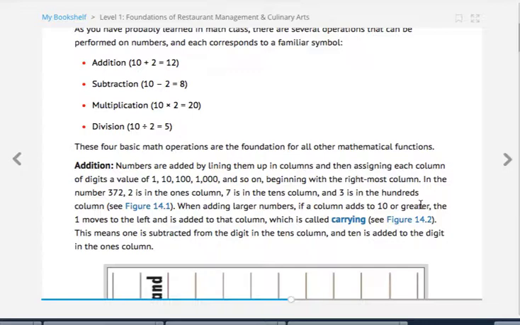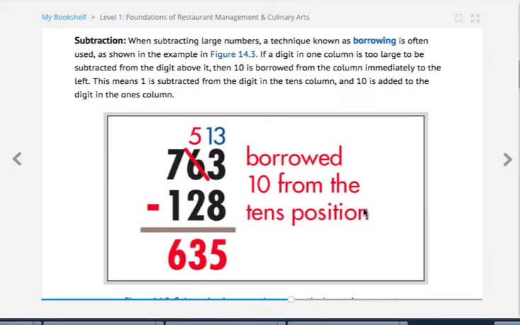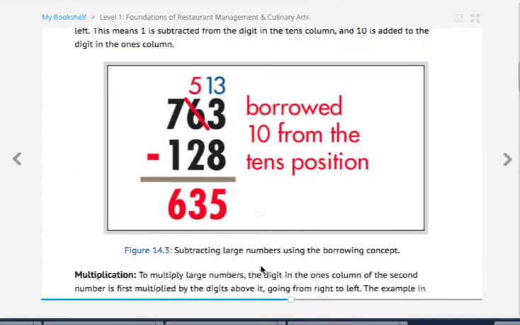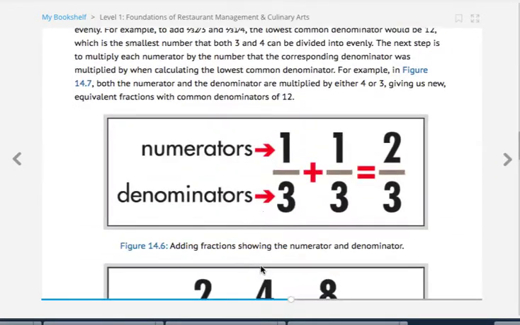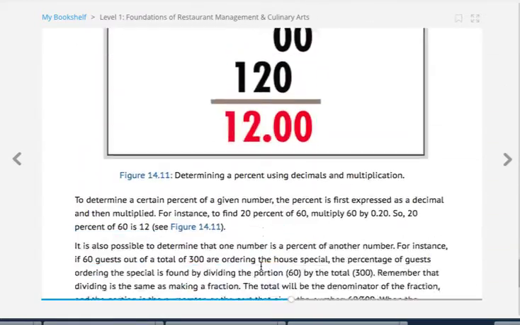But at a high school level, I'm going to make the assumption that we know how to do that, so we're going to just go on. If you are having issues with it or you need a refresher, Chapter 14 really goes into all of those different applications, subtraction and addition and things like that. Review that. So I'm just going to skip through here.